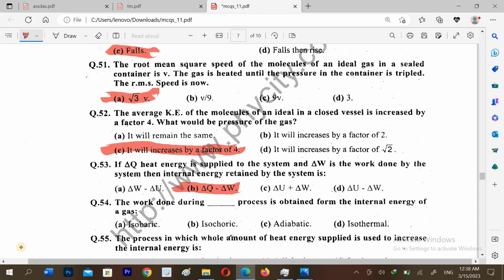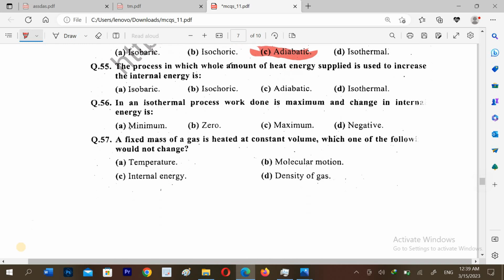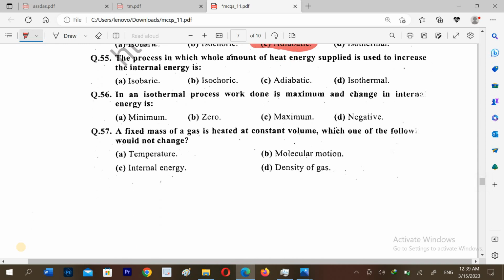C. The process in which whole amount of heat energy supplied is used to increase the internal energy is... B. In an isothermal process, work done is maximum and change in internal energy is... B.